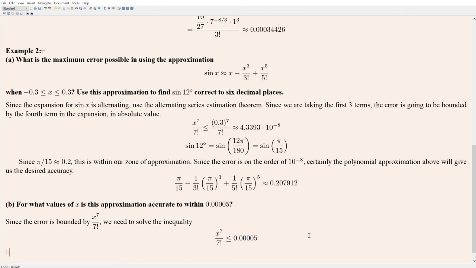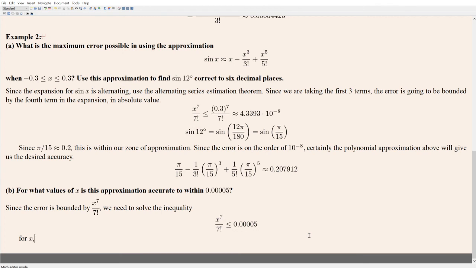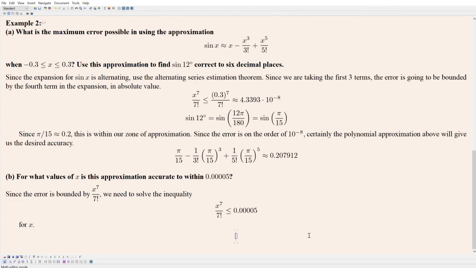So let's just solve this inequality. Indeed, that's not too hard.